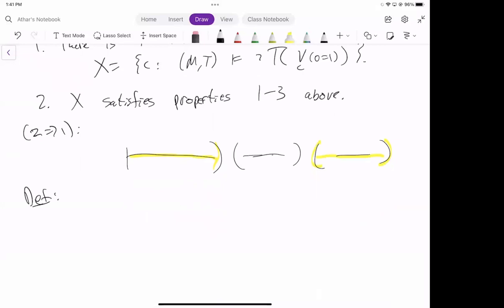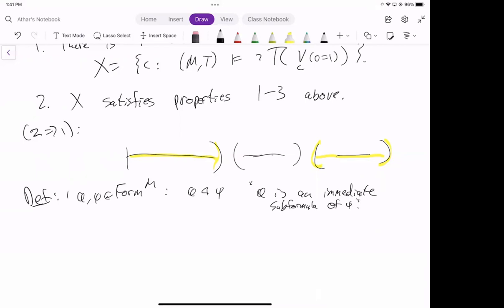So for formulas, I'm going to use this triangle-less-than symbol to mean an immediate subformula. Phi is an immediate subformula of psi.